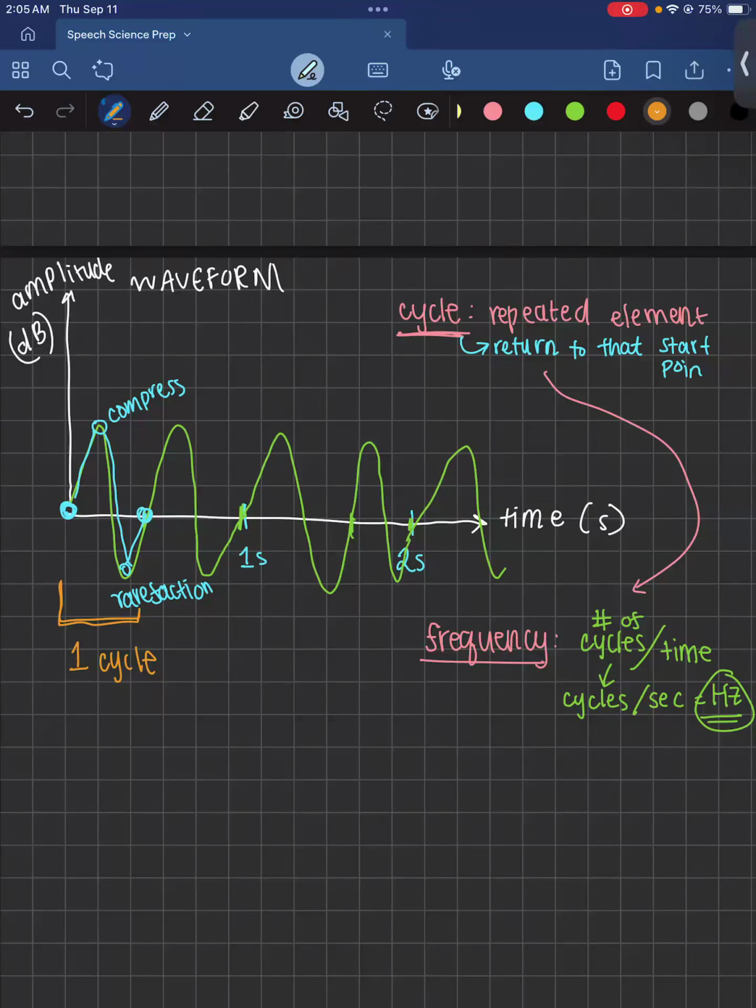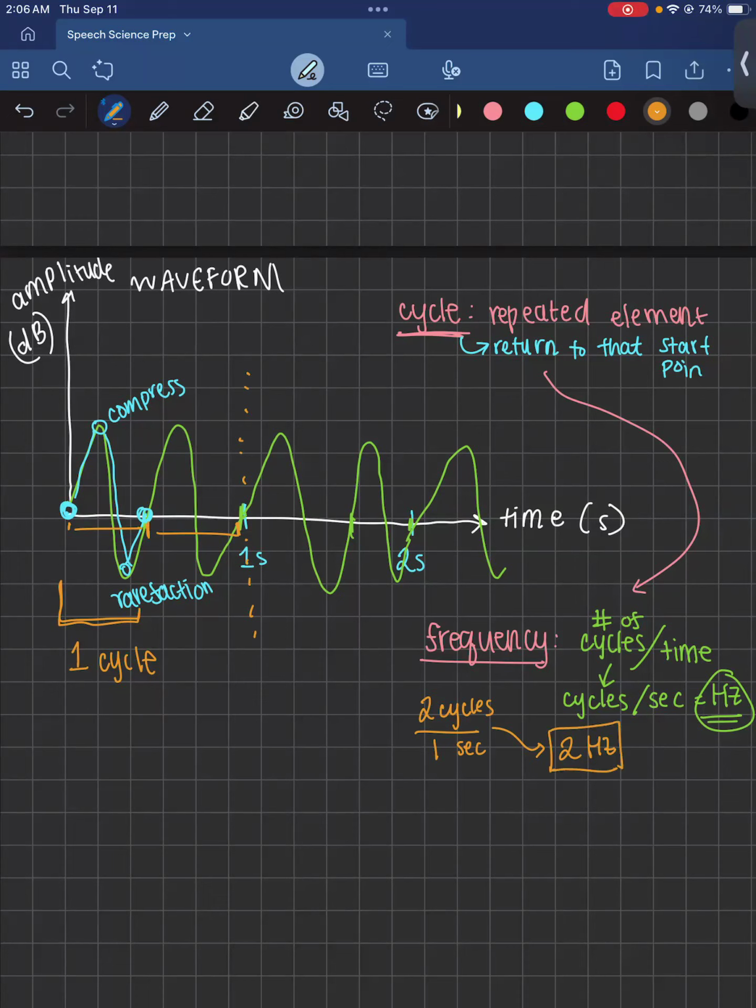So in this case, if we're marking off 1 second here, then here's one cycle, right? And then we have our second cycle here. So we have two cycles in 1 second, and that's going to be 2 hertz.